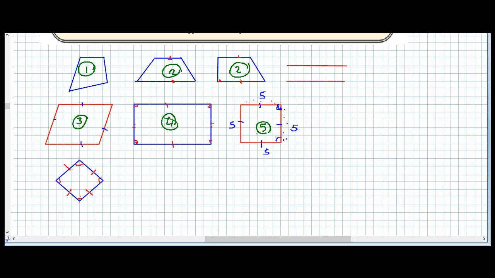All the sides are equal, all the angles are equal, and each opposite sides are parallel. Shape 6, we have all the sides equal, but we don't have a right angle inside, so this one is a rhombus, and each opposite sides are parallel. Okay, this is a quick review on the shapes.